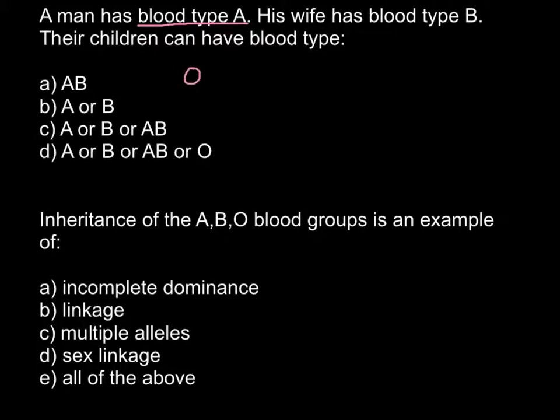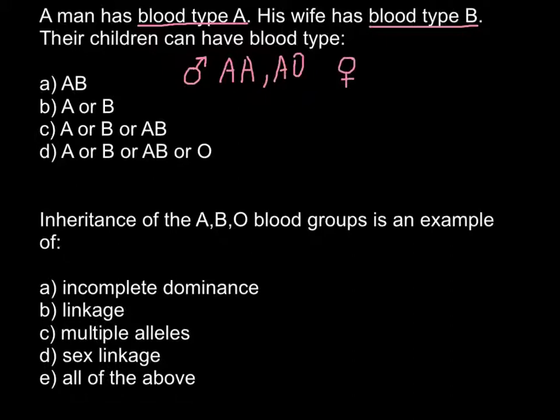So here is a sign for the male, and blood type A can be produced by two genotypes, that is capital A, A and capital A, O.